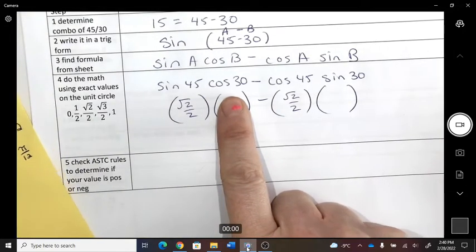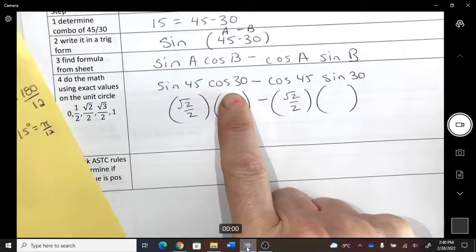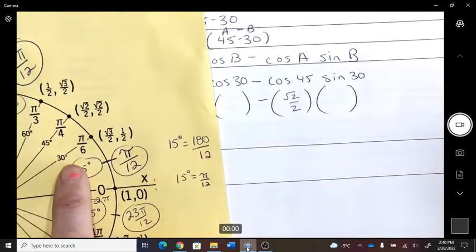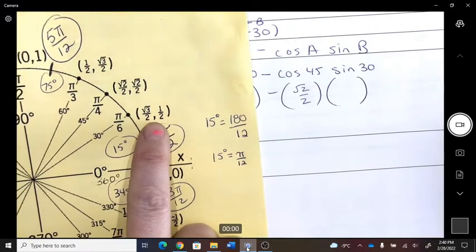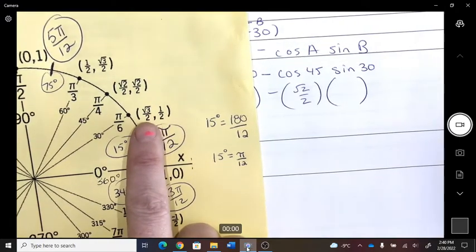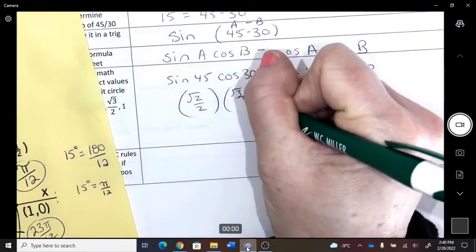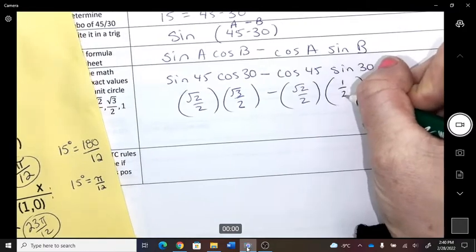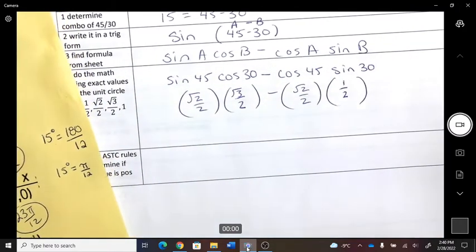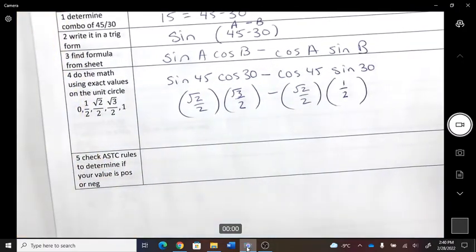What's the cos of 30 degrees? Cos is which one? The x part. So the cos of 30 is root 3 over 2, which makes the sine of 30 the 1/2. All stuff we know from last time.